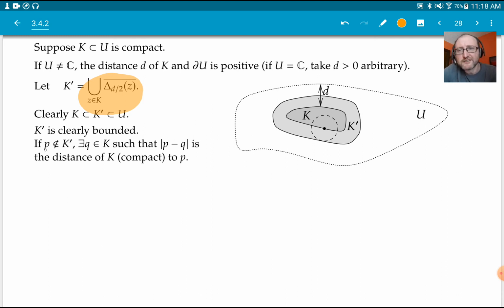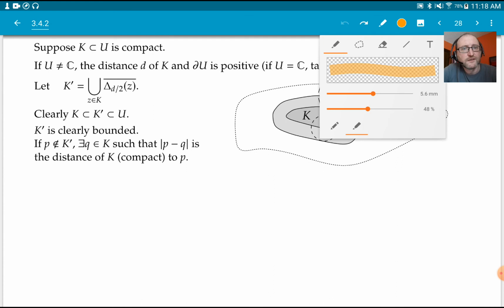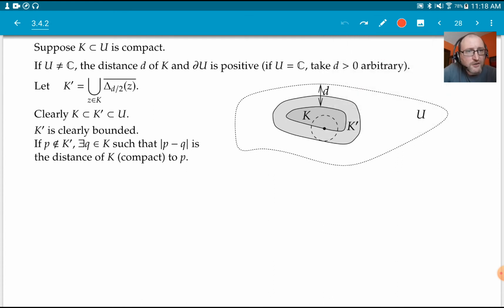So suppose that I have some point not in K prime. I'm going to show that there's a little ball around it, and this doesn't have to be in U, whatever point that is not in K prime. We're going to show that there's a whole ball around it that's still not in K prime.